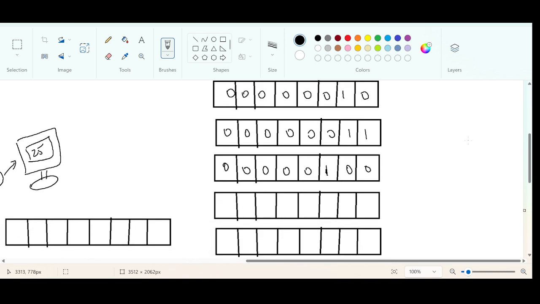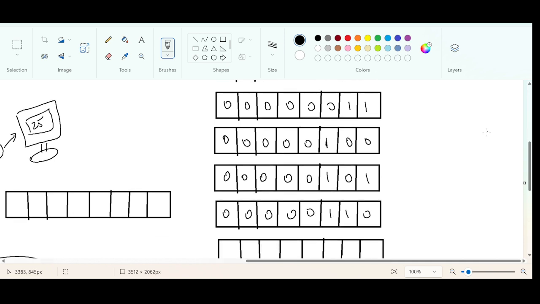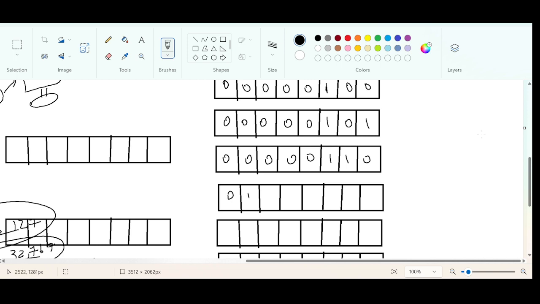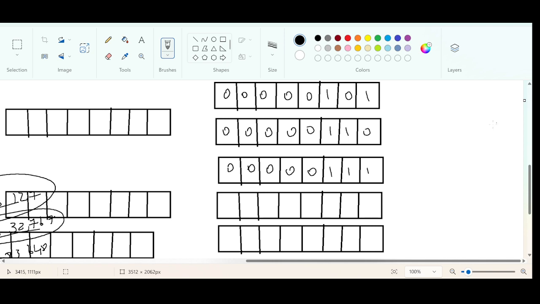Like this, I can keep calculating the combinations, right? 1 0 1, 0 1 1 0. Like this, it keeps going. At one point, everything is going to be 1. I hope you are able to understand. At one point of time, every block is going to be filled with 1 1 1 1 1.